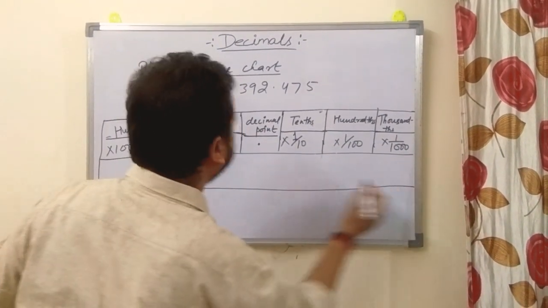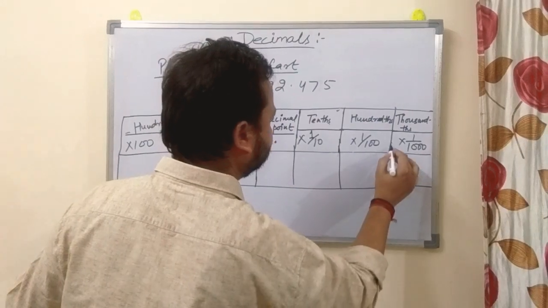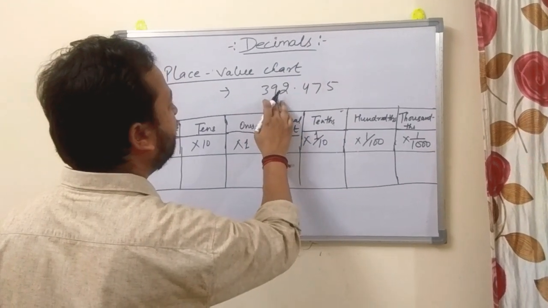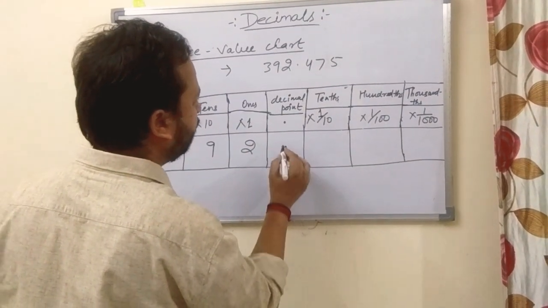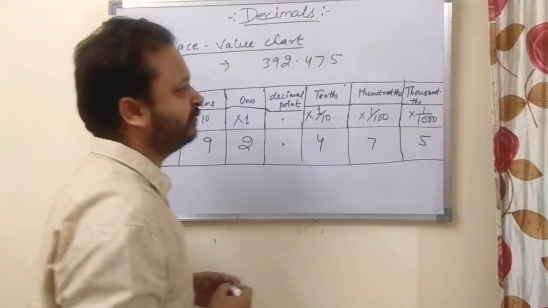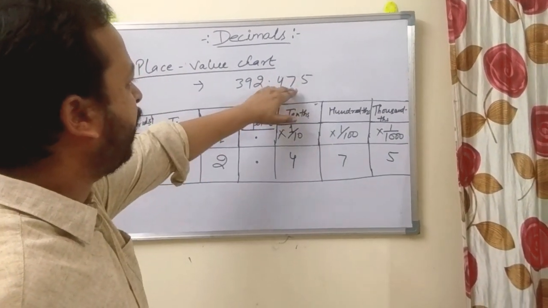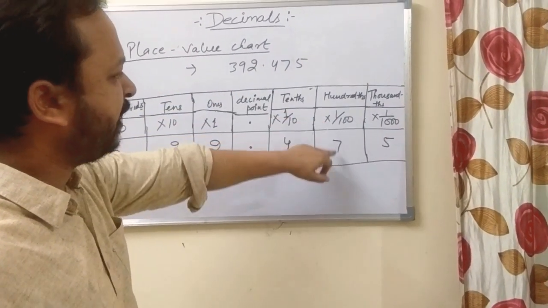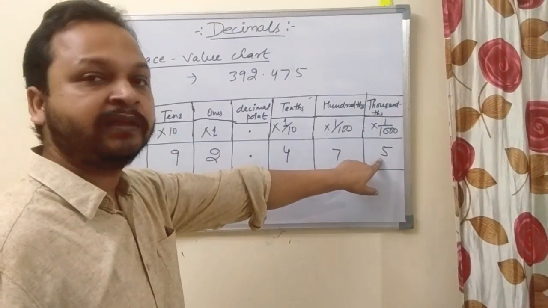Then draw the chart. The number is written as 392, means 300 and so on, 392, the decimal point, and then 475, right? 4 means 0.4, 1 by 10, point, this is 0.47, means 7 is at the hundredths place, 1 by 100, 5 is at the thousandths place, so 1 by 1000, right?